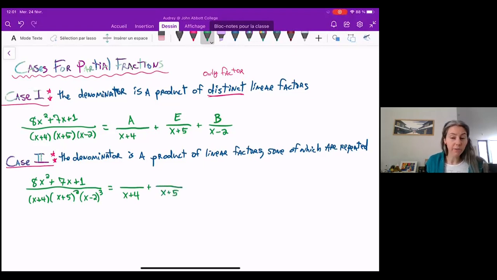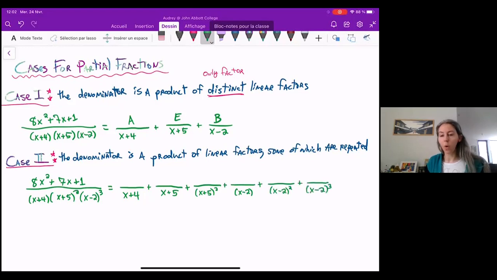So this could have come from a fraction that had just x plus 5 as the denominator, or it could have come from one that had x plus 5 squared as a denominator. And the same thing with that x minus 2, it occurs 3 times. x minus 2 is a factor, x minus 2 squared is also a factor. So I'll have x minus 2 plus x minus 2 squared plus x minus 2 cubed. All of those could be potential factors.